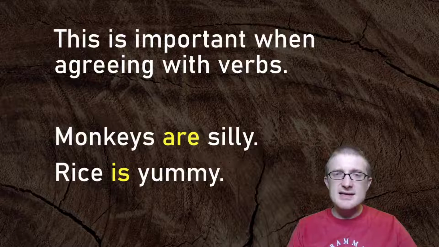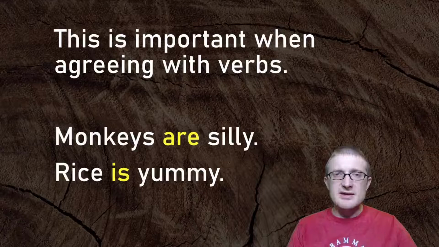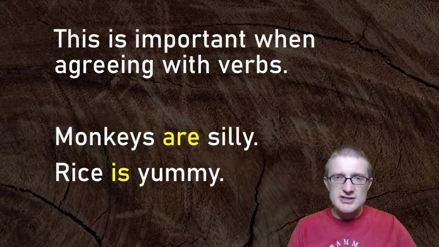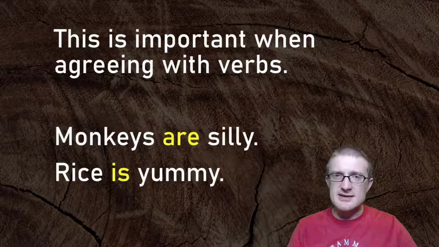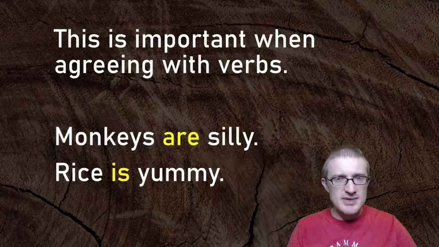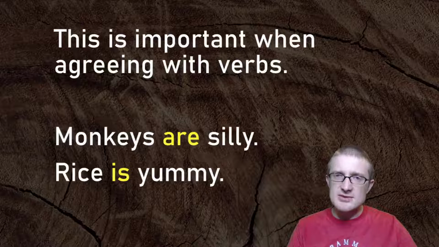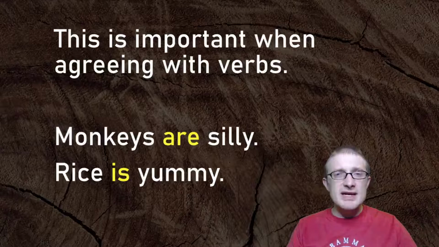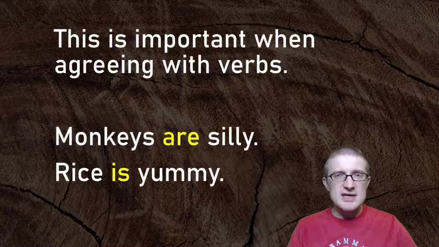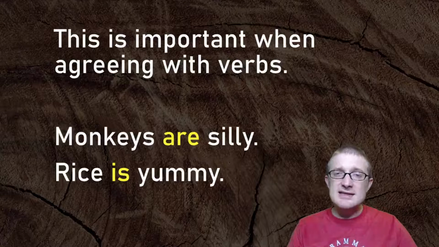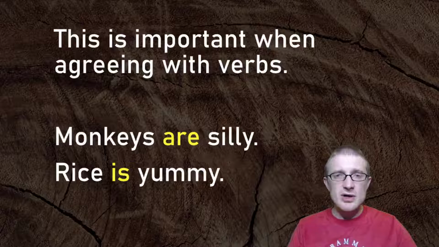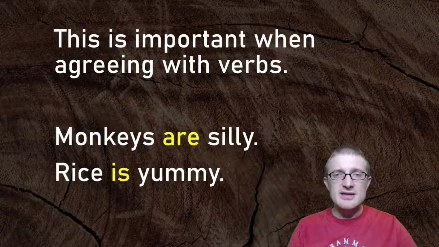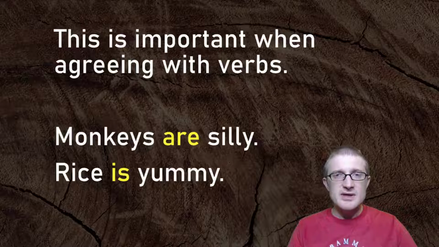Or grass is green. We don't say informations, grasses, or rices. We don't say that. And we don't say rice are yummy. No, it's an uncountable. There are many kinds of uncountable words. Usually any kind of liquid, any kind of drink, water, coffee, tea, beer, these are uncountable.